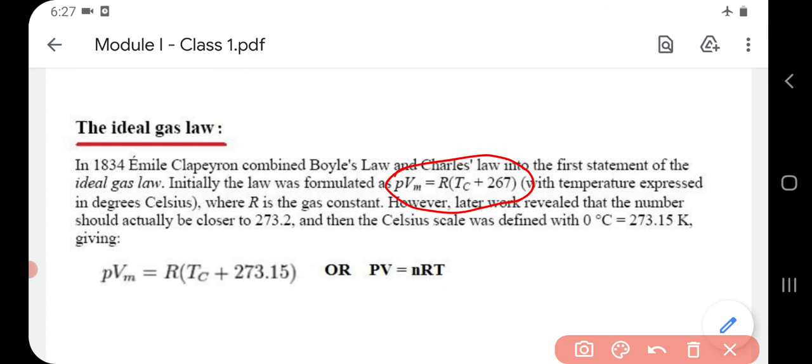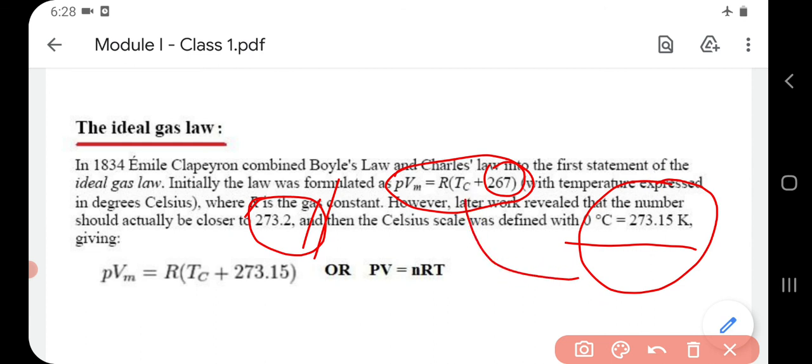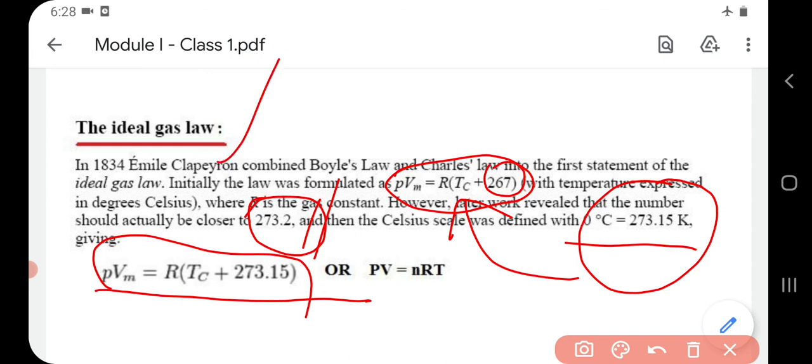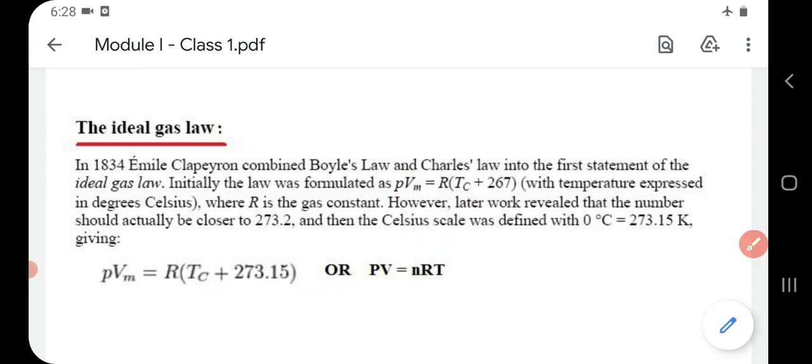Later, it was revealed that the number should actually be close to not 267 but to about 273.2, and then the Celsius scale was defined for that particular temperature range, that is 0 degrees Celsius, 273.15 Kelvin. Taking into account this value, the equation was further modified. Another simple expression for ideal gas law is PV equal to nRT.